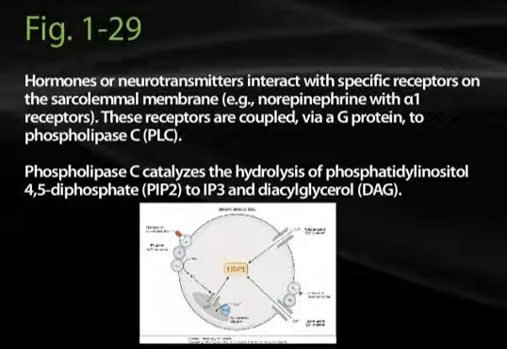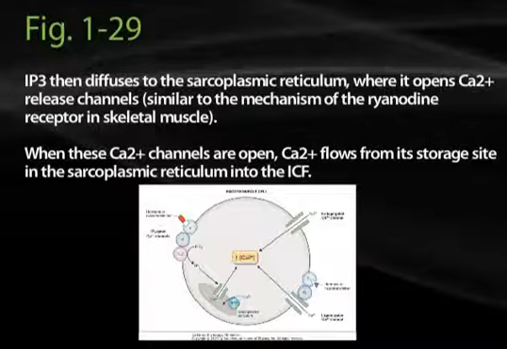Hormones or neurotransmitters may interact with specific receptors on the sarcolemmal membrane, for example, norepinephrine with alpha-1 receptors. These receptors are coupled via a G protein to phospholipase C, or PLC. Phospholipase C catalyzes the hydrolysis of phosphatidylinositol 4,5-diphosphate, or PIP2, to IP3 and diacylglycerol, DAG.